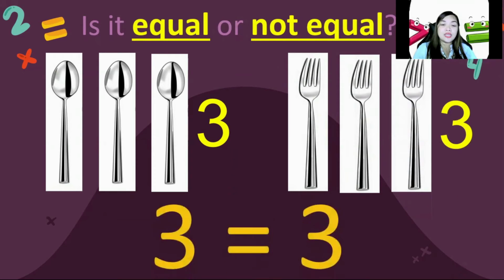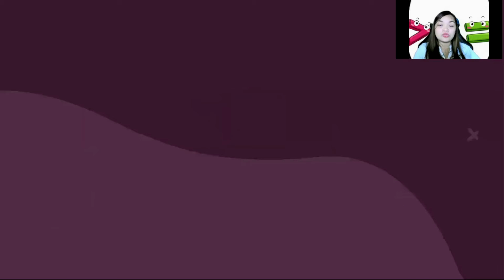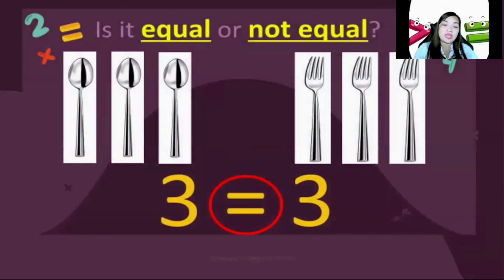So 3 spoons and 3 forks. 3 is equal to 3. So the sign is equal. It is the same.